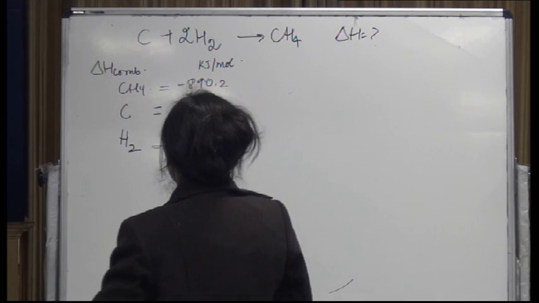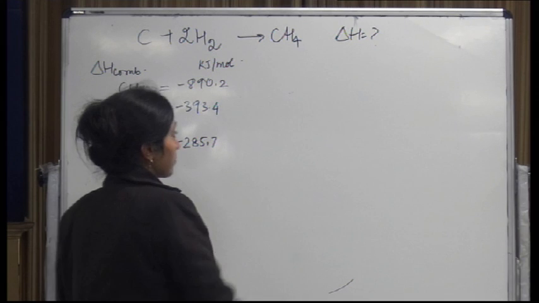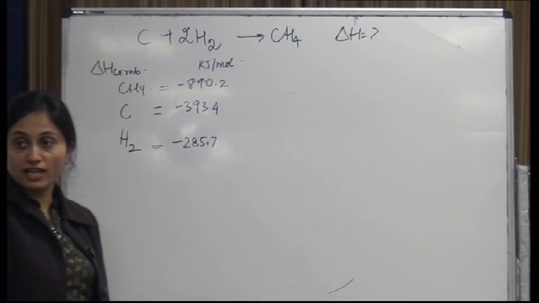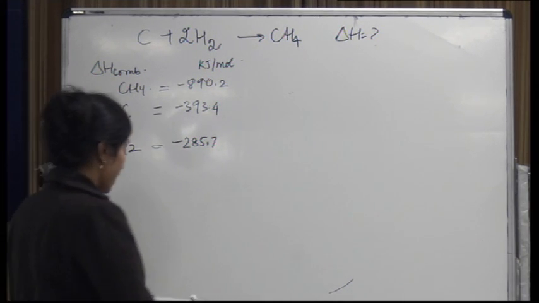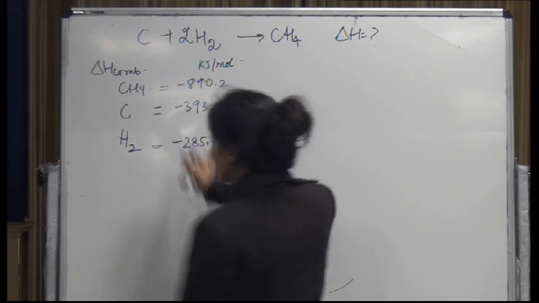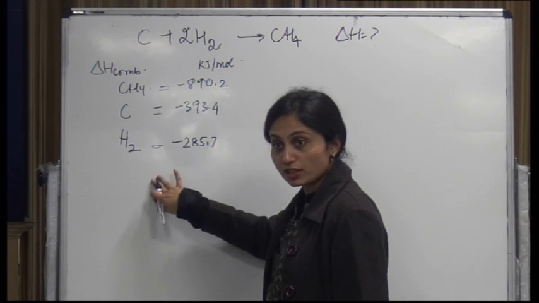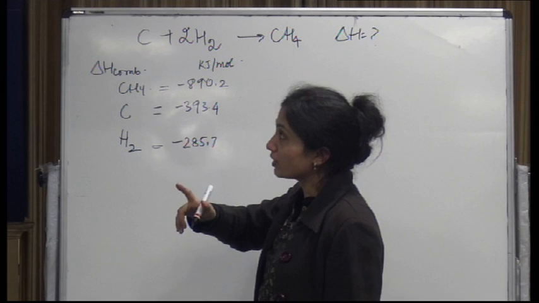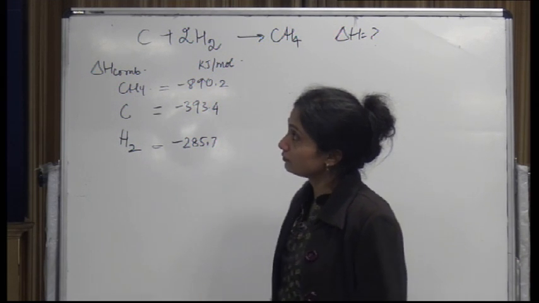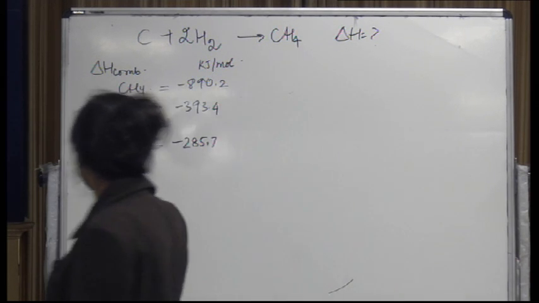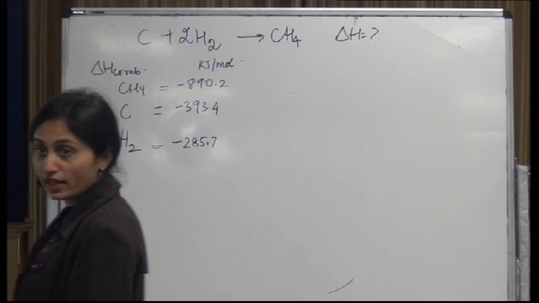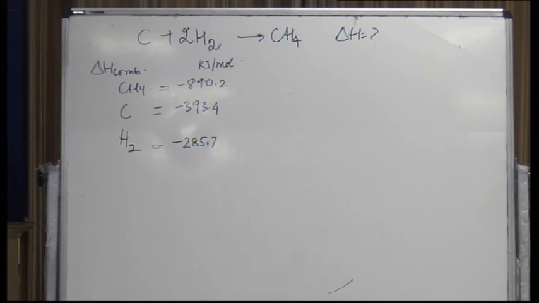So in that case we have our delta H to be negative. That is why I have directly written it as negative. Now you form the equations. These are all the heats of combustion. That means 1 mole is getting burnt completely to give you carbon dioxide and water. You form the equations and I'll take up the question here.